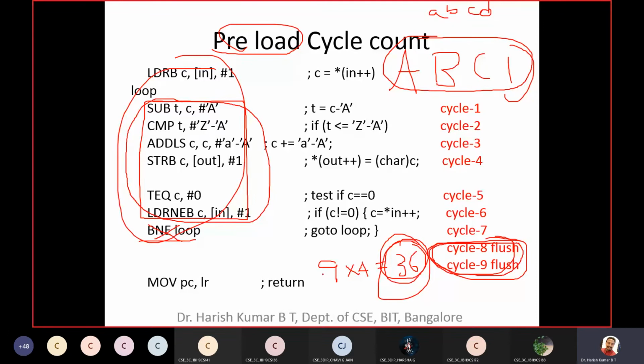Now let me not burden the processor. Let me burden myself. How? I repeat these set of statements 4 times. I copy these statements and I remove this BNE. I paste the same set of statements again here and do the modification.